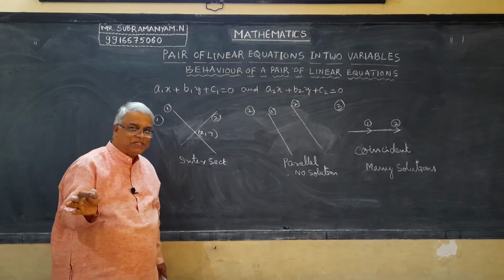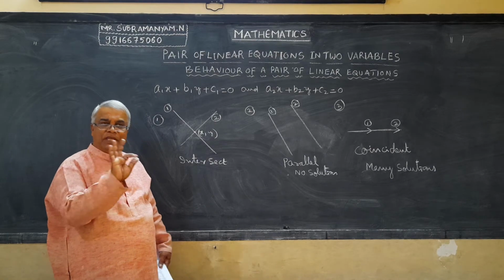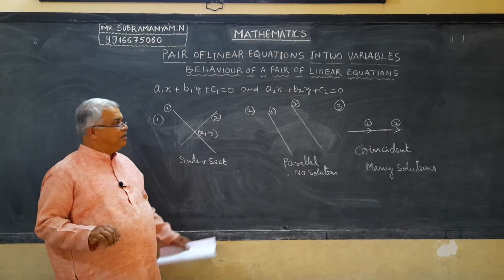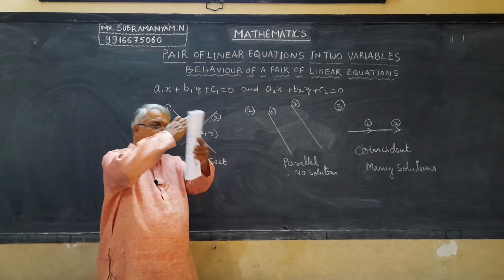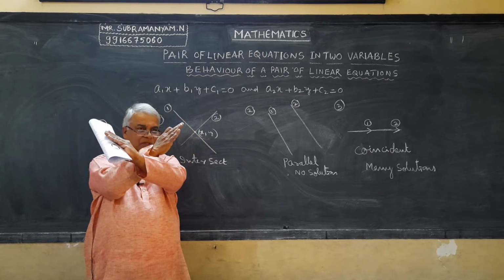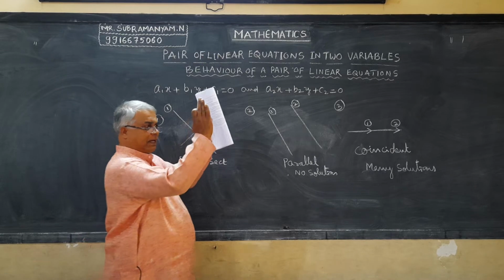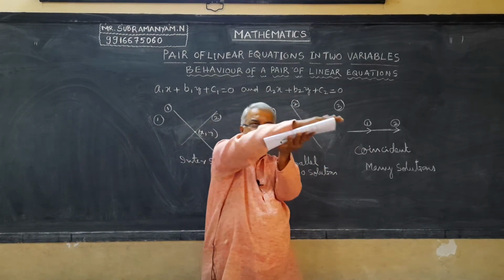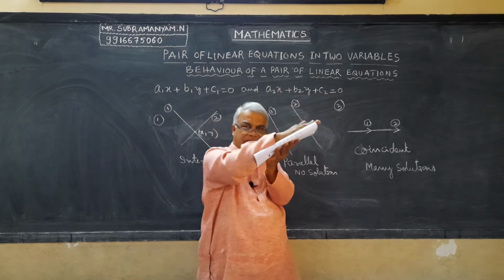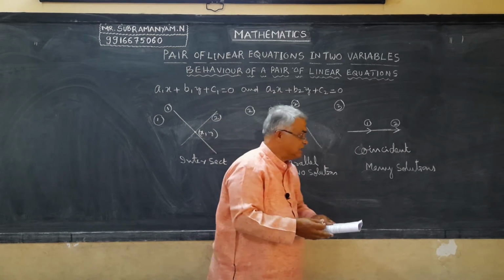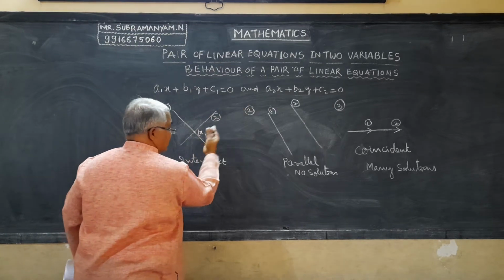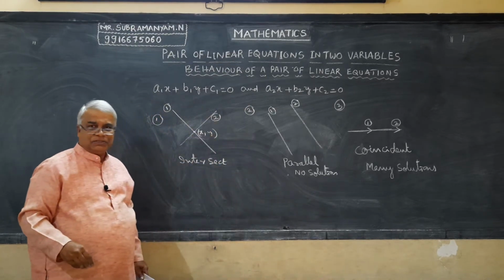Other than these three, we cannot draw the lines in a different way. So the lines may intersect, the lines may be parallel, or the lines may be coincident in any direction. They lie on each other. So the pair of lines can be drawn like this.